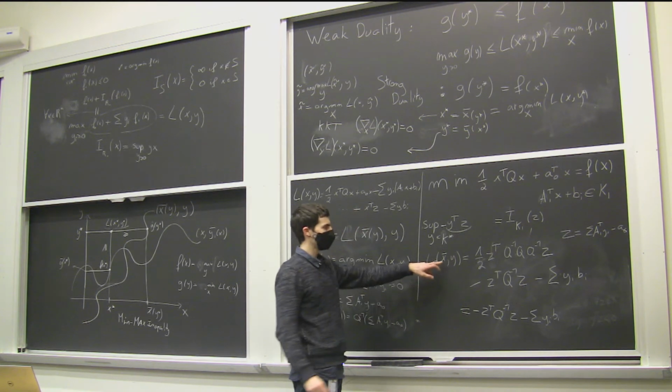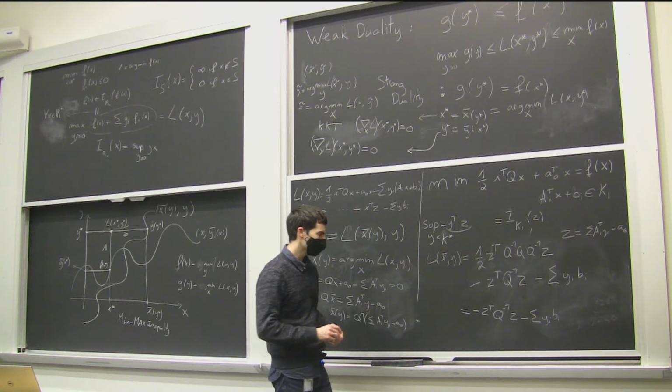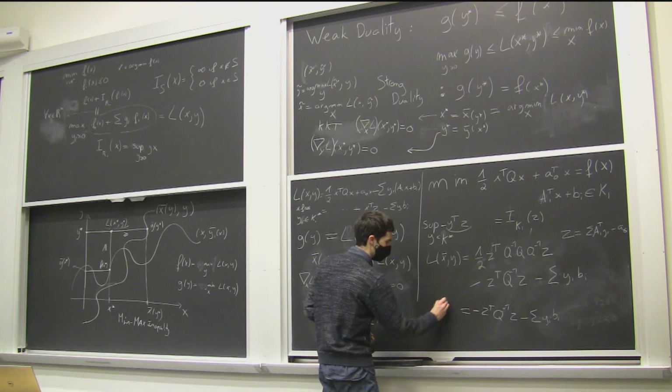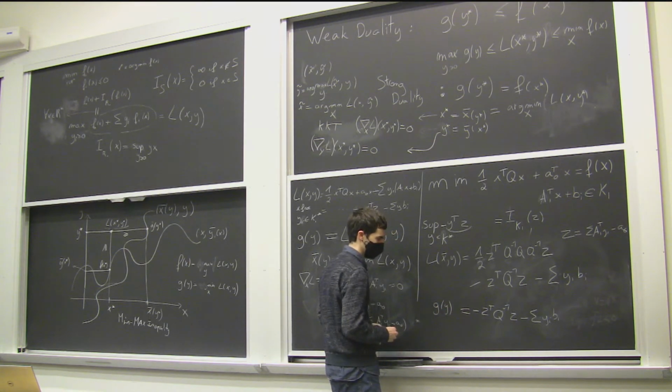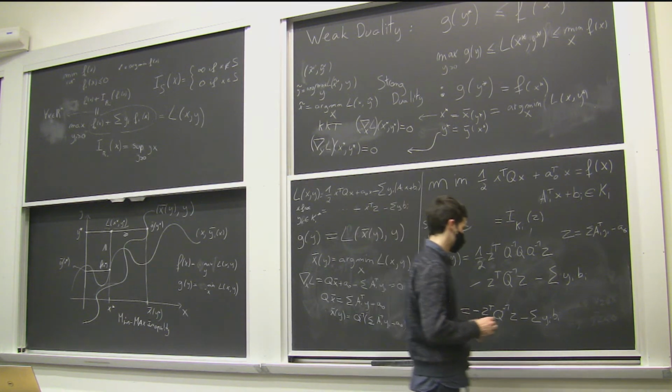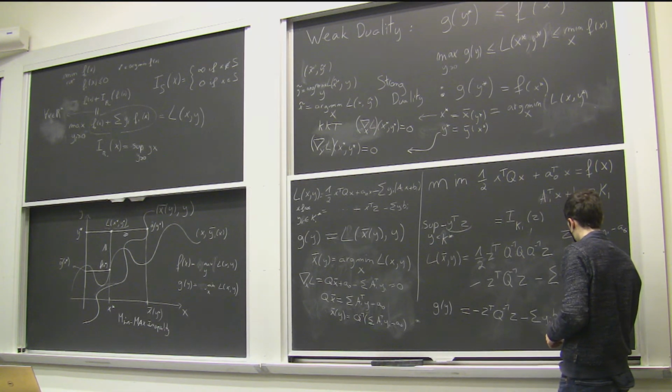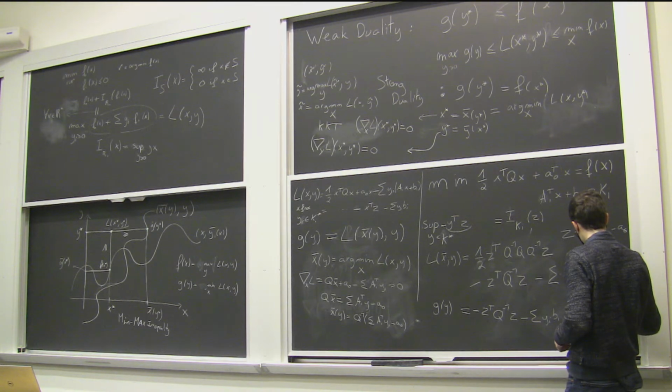So this is L of x bar y, and so this is in fact g of y. And you need that yi belongs to the cone ki.